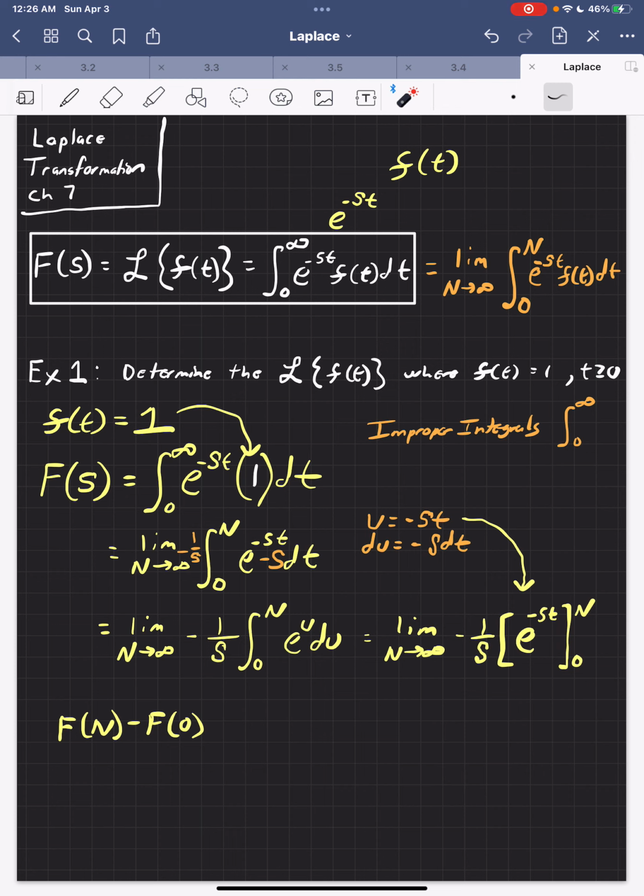Okay, so we still have to take that limit, but we'll do that in just a second. Now I'm fairly positive that you already know this, but if you integrate with respect to t, you want to make sure you're subbing back in for t.